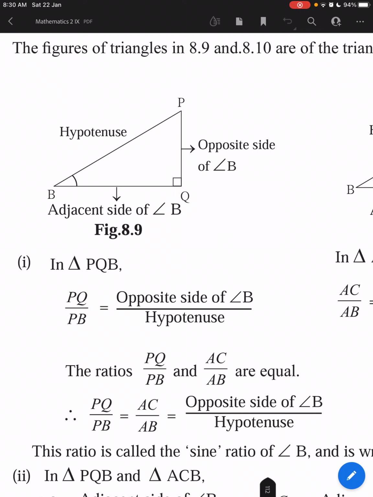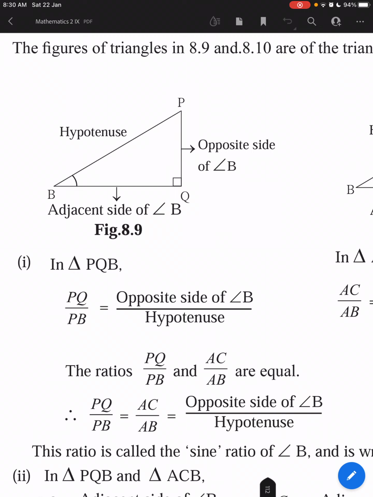Then after that, now in the given triangle, you all know the opposite, hypotenuse and adjacent. Lastly, we will divide for angle B in triangle PQB, the opposite and adjacent side of angle B. In the second triangle also, we will divide the opposite and adjacent side of the given angle B. So when the division of opposite and adjacent is done, you will get ratios like PQ upon BQ.